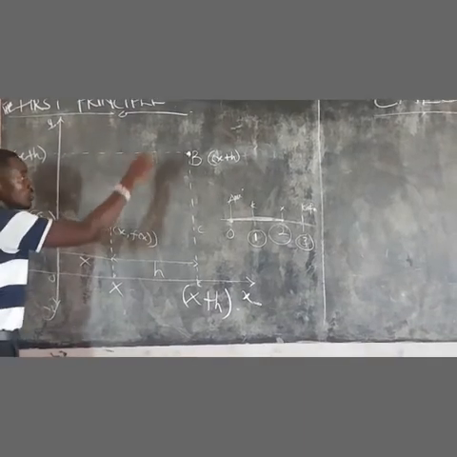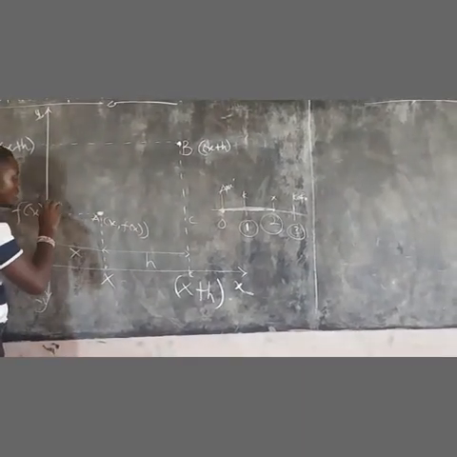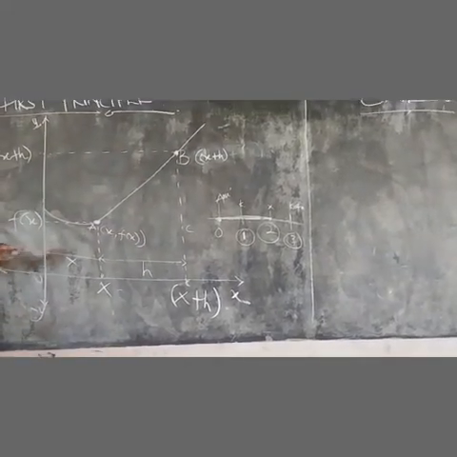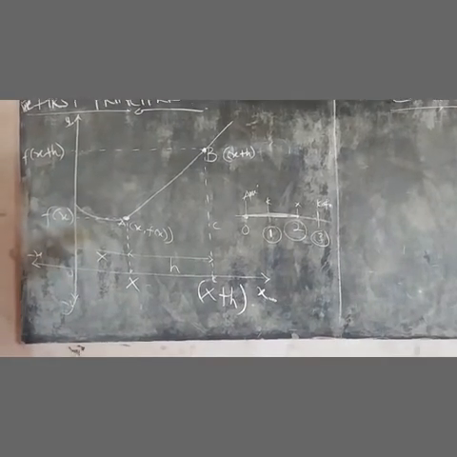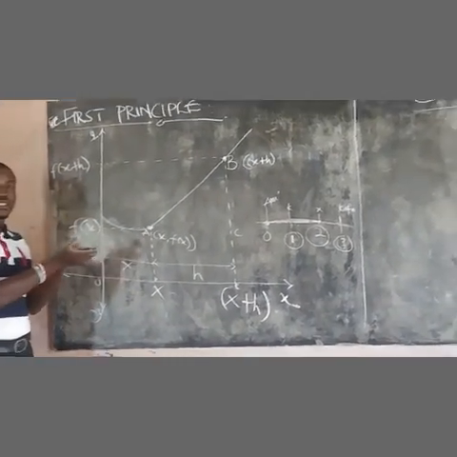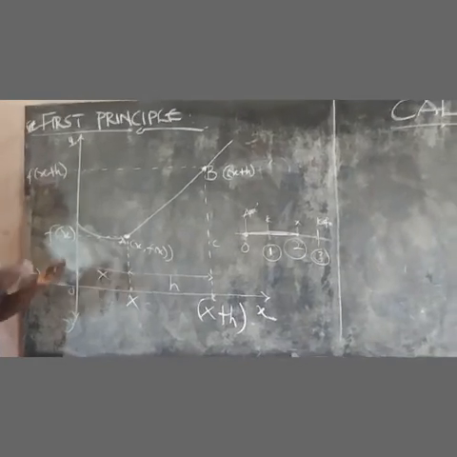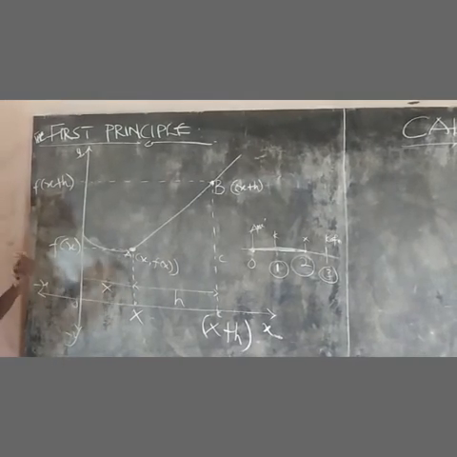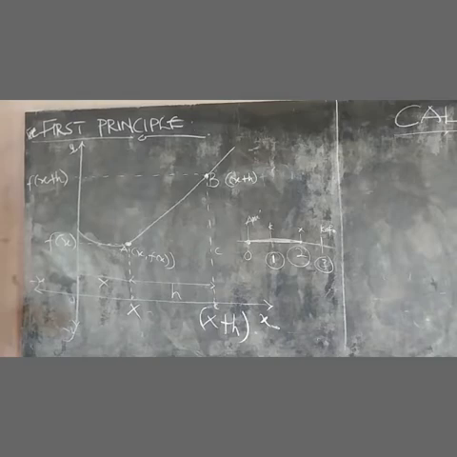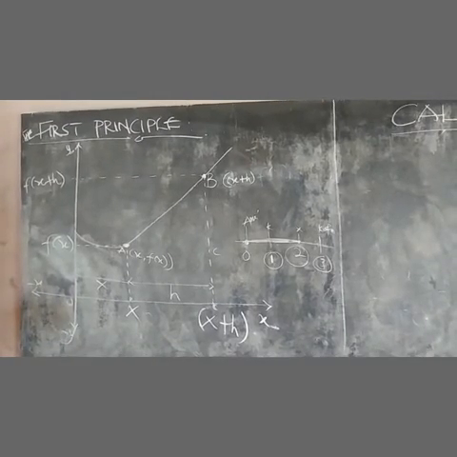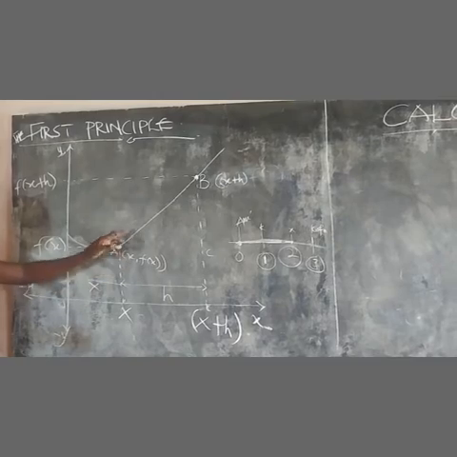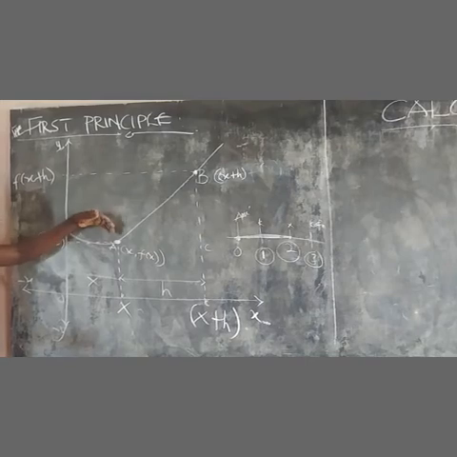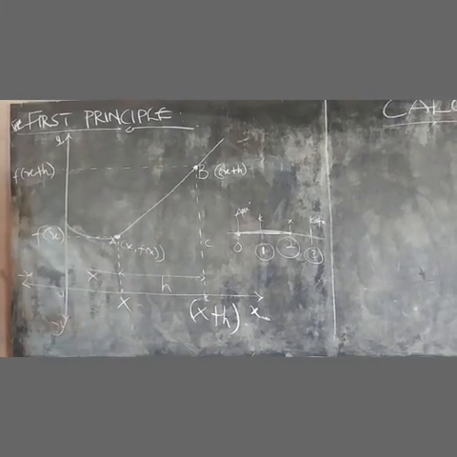Now we can join the two points together. You see that there is a curve here, like AB, and you are being asked to find the gradient of this curve. We all know that gradient is equal to the change in your y values over the change in x values, or in other words, the projection of line AB on the y axis against the projection of line AB on the x axis.